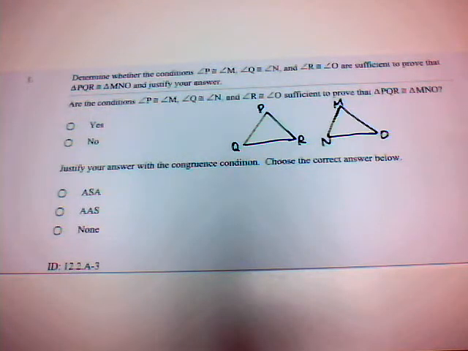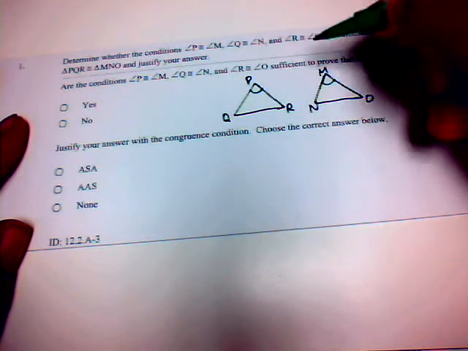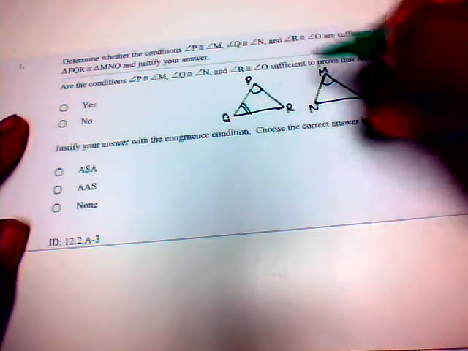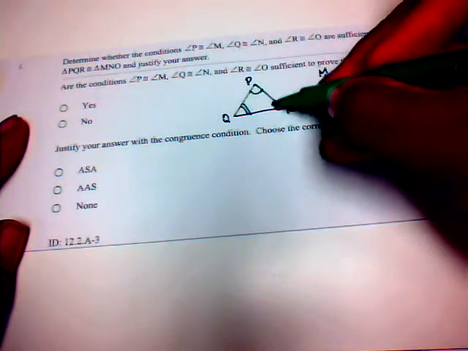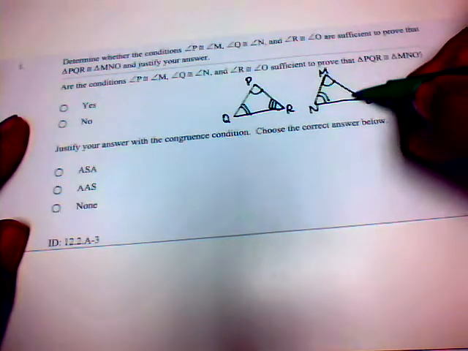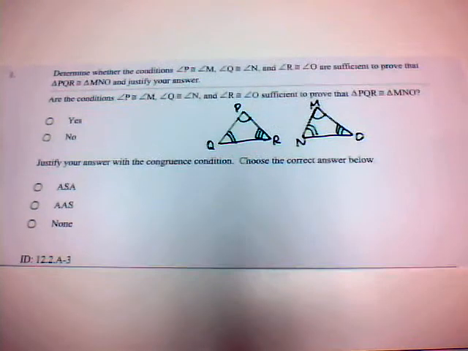Okay, so in this case here, we want to mark off angle P is congruent to angle M. Angle Q is congruent to angle N. And angle R is congruent to angle O. Now, would this be sufficient to prove that those triangles are congruent?